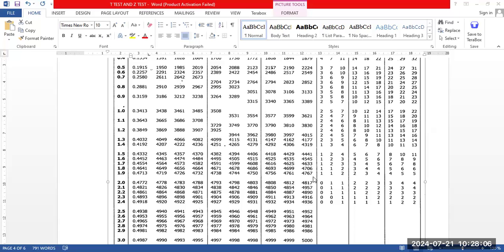But here, if I pick another 5 and I add it to 0, it will be 5. It will be 4755, and if I round off to 3 decimal points, it will be 476.